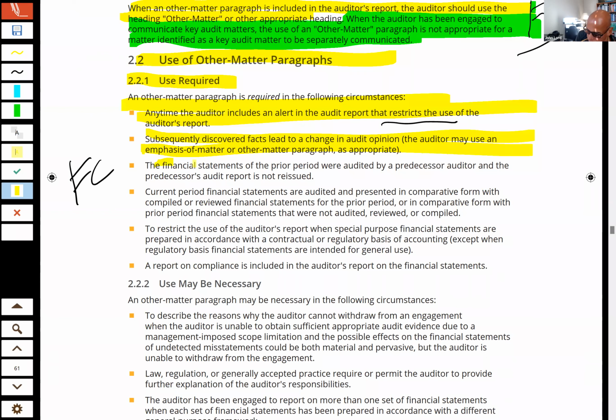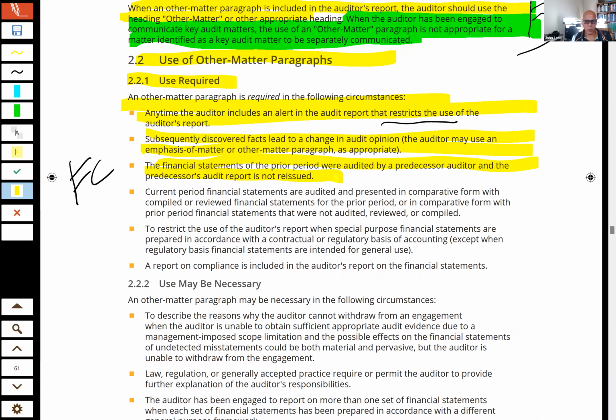The financial statements of the prior period were audited by a predecessor auditor. We're going to talk about that in a little while, but just to explain what a predecessor auditor is, let's say you audit the client in 2022, and then I come along in 2023 and they decide to hire me.